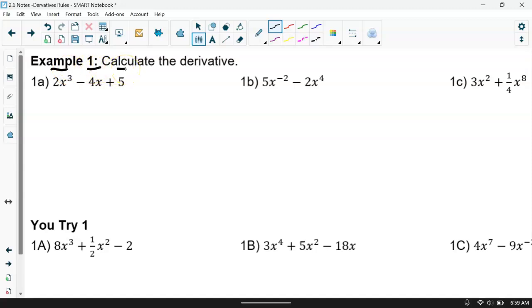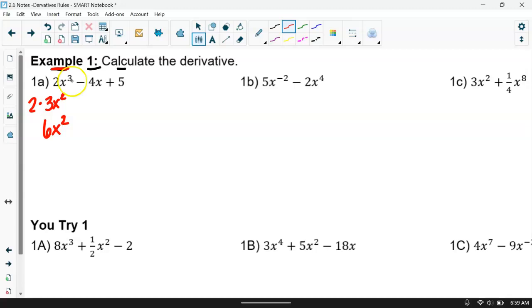We're going to find the derivative of each of our 3 terms here and add or subtract them together. So what is the derivative of 2x to the third? Just like last time, we're going to bring down our exponent. So this is 2 times 3x squared, which is 6x squared.